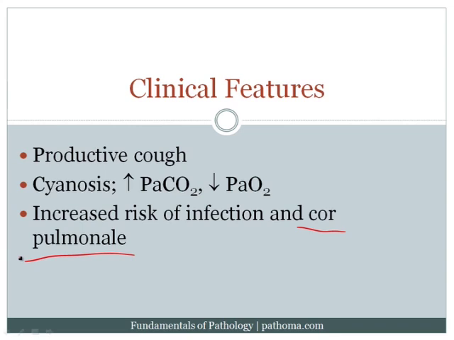So that's a problem, and all of that clamping down of the blood vessels has to be dealt with by the right heart. The right heart's going to have to pump against all of that high blood pressure, and so that's going to result in initially right ventricular hypertrophy, and eventually the patients will fail the right heart, and that's called cor pulmonale. So that's a very high yield sort of paradigm to be familiar with.